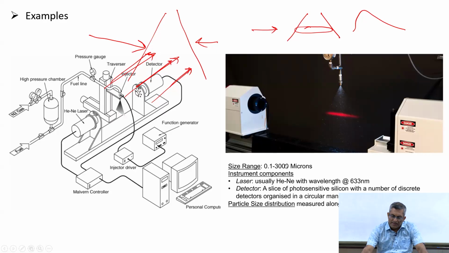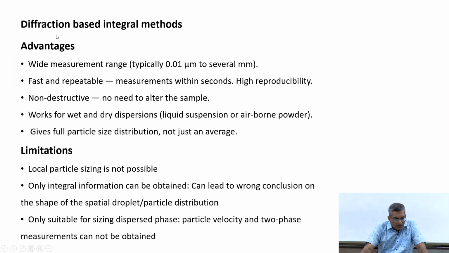Now, typically the advantage of this instrument is that its size range is very broad. Starting from 0.1 to 3000 micron you can measure, which is not usually achievable in other techniques. So, the main advantage of this technique is, as I said, the wide measurement range.